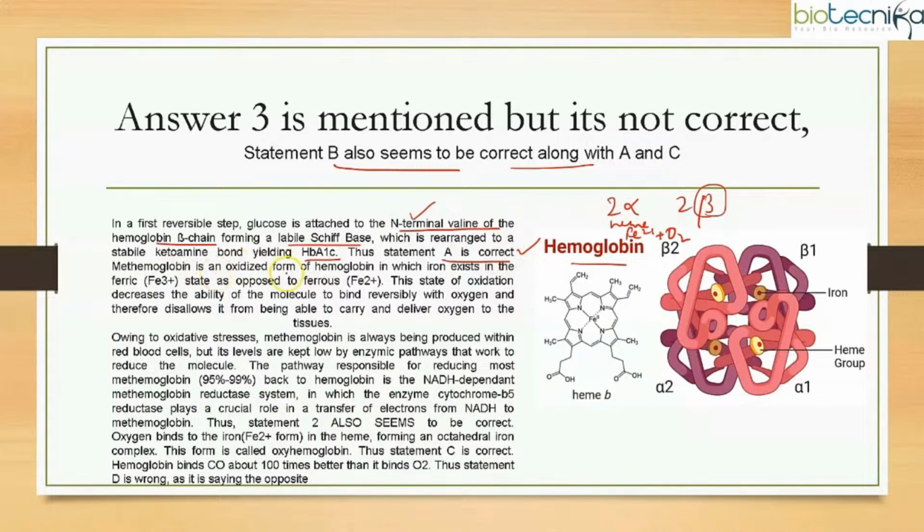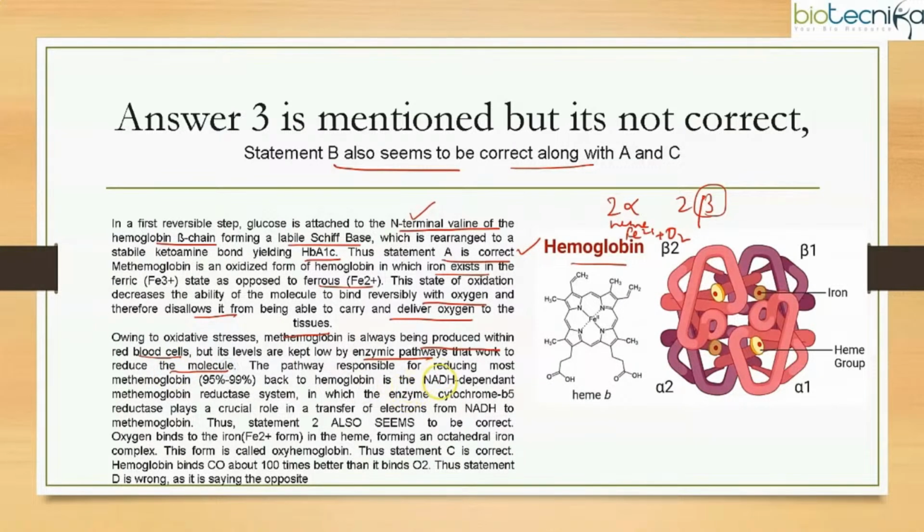Next, methemoglobin is an oxidized form of hemoglobin in which iron exists in the Fe3+ state as opposed to Fe2+. This state of oxidation decreases the ability of the molecule to bind reversibly with oxygen, and therefore disallows it from being able to carry and deliver oxygen to the tissues. Owing to oxidative stress, methemoglobin is always being produced within the RBCs, but its levels are kept low by enzymatic pathways that work to reduce the molecule.